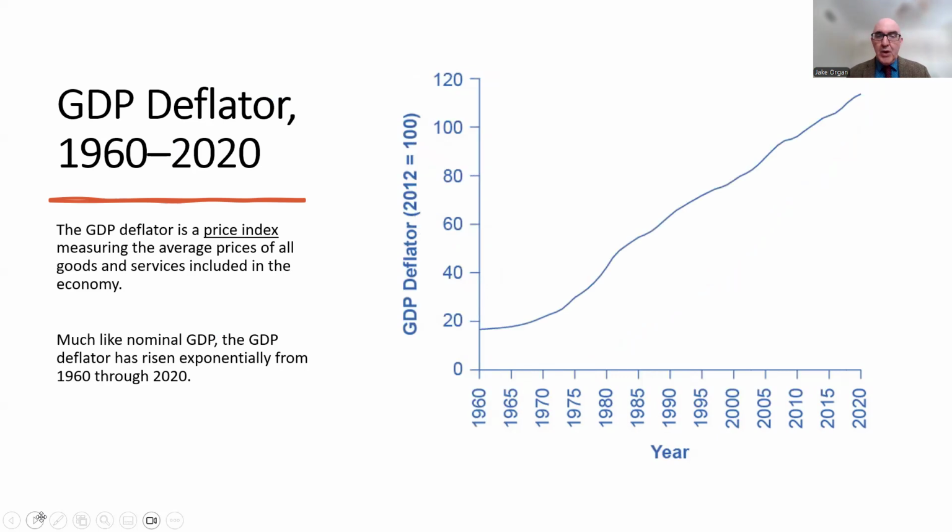So what we need to do is find what's called the GDP deflator. That's where we say, okay, at a particular year, let's say, for example, 2010, and we say 2010 is 100, or in this case, it's actually 2015 is 100.